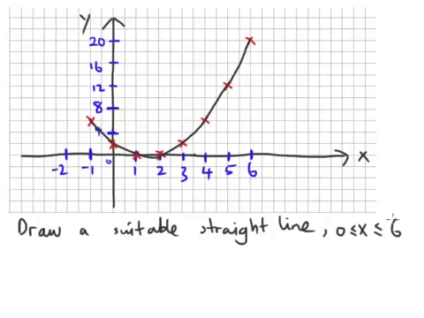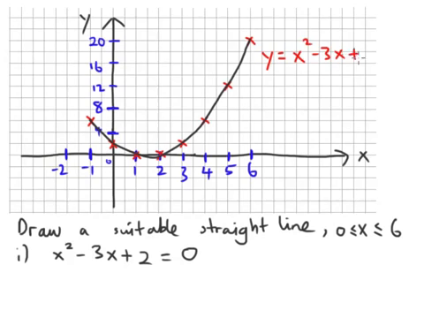But before doing the graphical method, you have to make sure that you have the graph, right? So the first one says, solve this equation, x squared minus 3x plus 2 equals 0, and draw a suitable straight line. And actually, it's very easy because this curve, the equation is y equals x squared minus 3x plus 2.